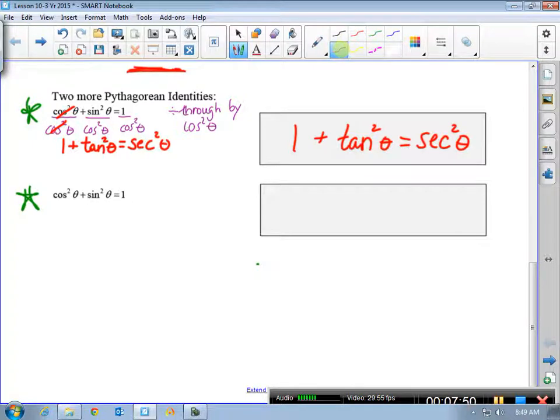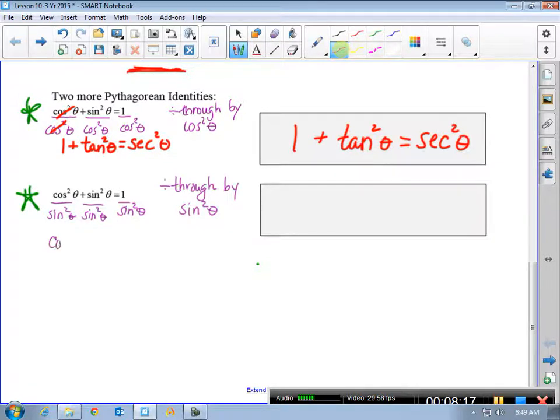You could probably guess on this last one, we're going to divide through by sine squared theta. So we'll do this on the left and on the right. The first quotient is cosine squared theta divided by sine squared theta.